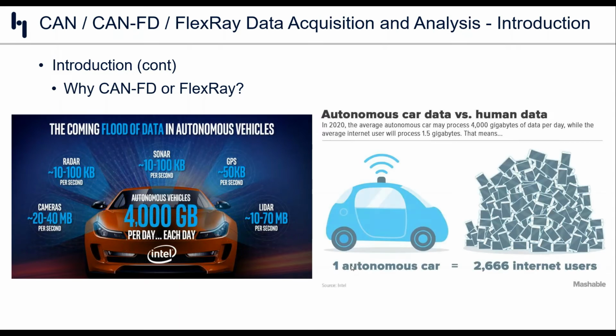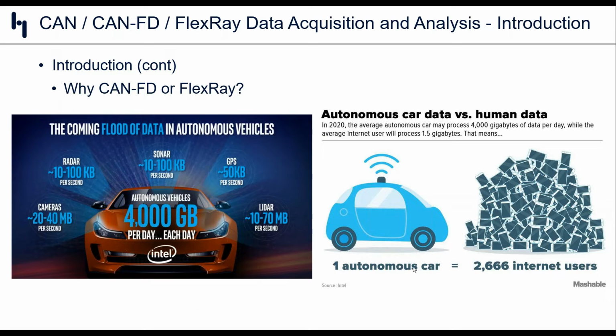And how does that add up? Well, one autonomous car providing 4,000 gigabytes of data compares to 2,666 internet users.